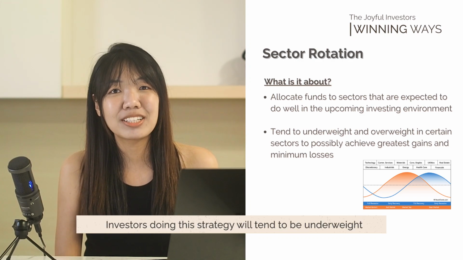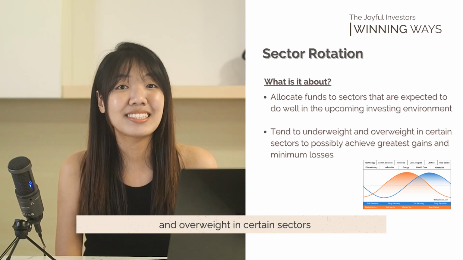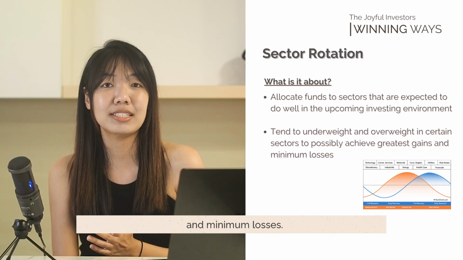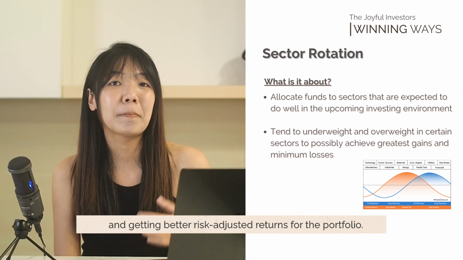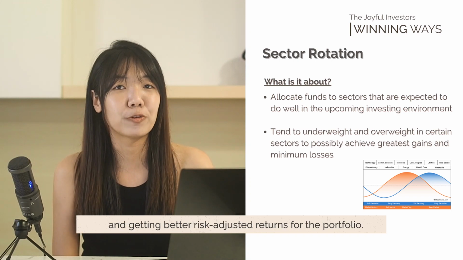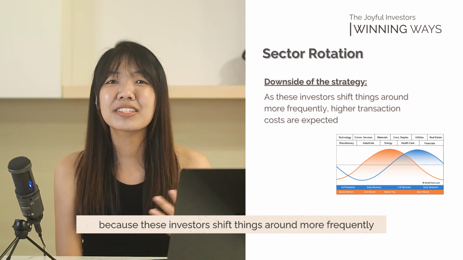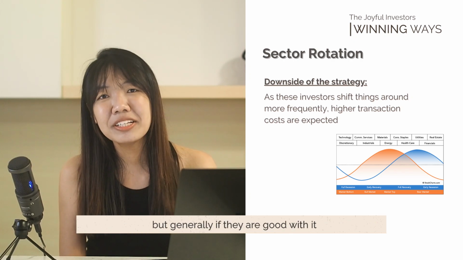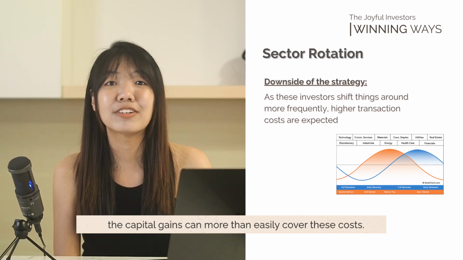Investors doing this strategy will tend to be underweight and overweight in certain sectors, so as to possibly bring about the greatest gains and minimum losses. It is more of getting the most bang for your buck and getting better risk-adjusted returns for the portfolio. The downside of this strategy is that because these investors shift things around more frequently, higher transaction costs are expected. But generally, if they are good with it, the capital gains can more than easily cover this cost.